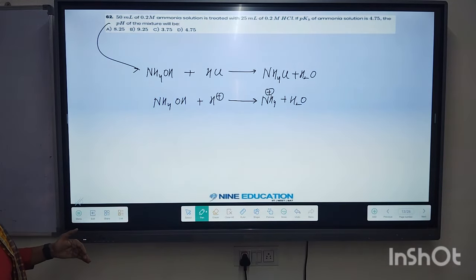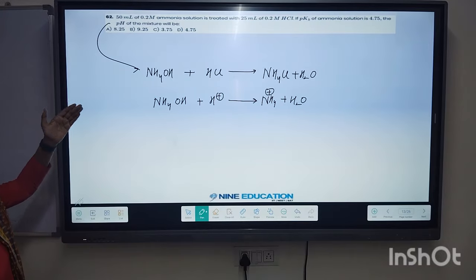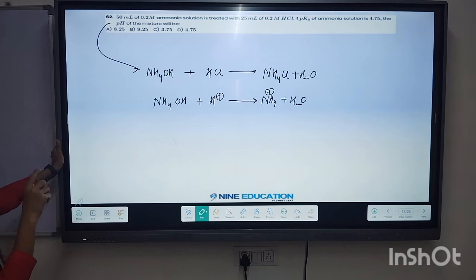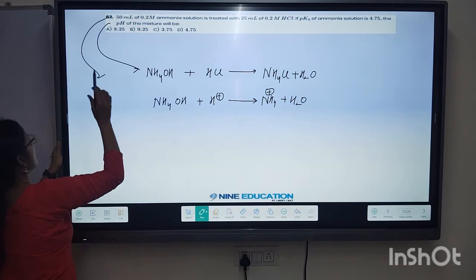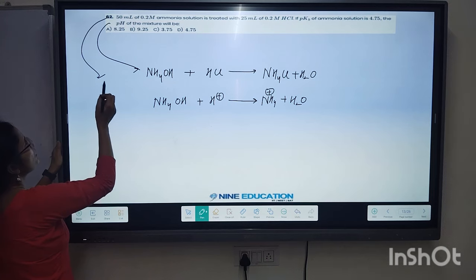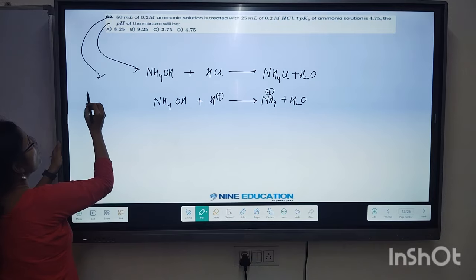Now we need to understand how much of NH4OH and HCl is given. It is 50 ml of 0.2 molar. 50 ml of 0.2 molar means 0.2 by 10, so 10 millimoles of NH4OH is there. Let me quickly explain how I get this 10 millimoles. Molarity is equal to number of moles divided by volume.